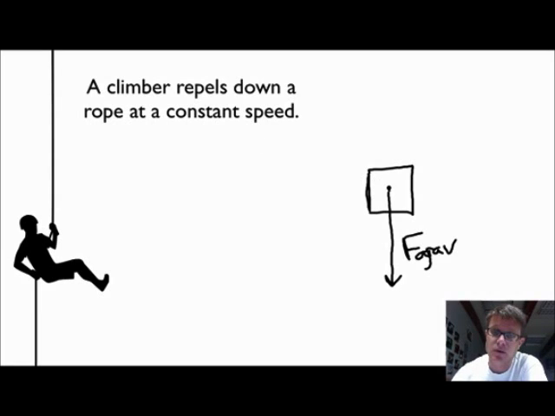And so we would have the force of tension that's holding it there, but it's also the force of friction inside that rope that is slowing it down. And since that climber is moving down at a constant speed, the force of gravity and the force of tension and friction are going to be balanced, or they're going to be equal.